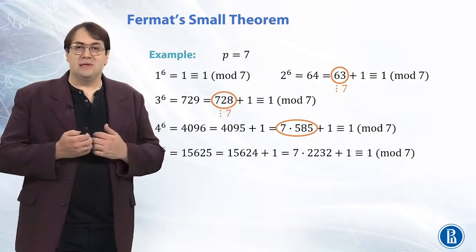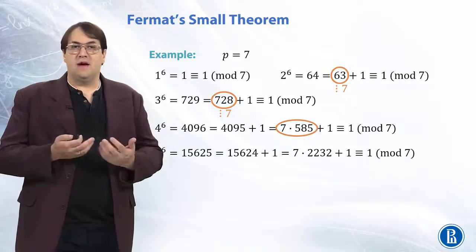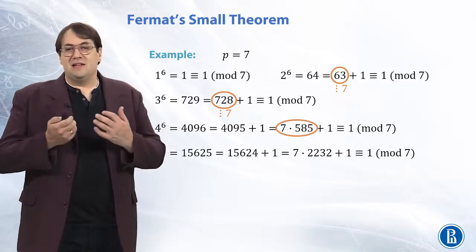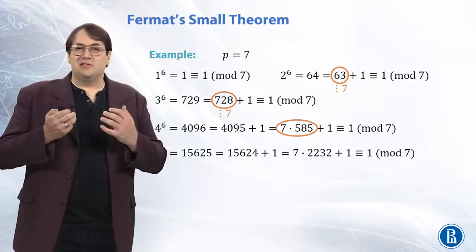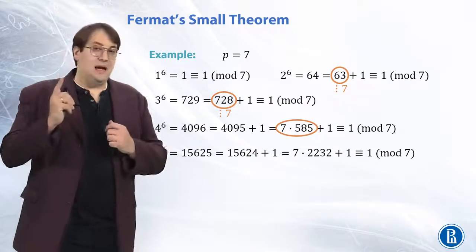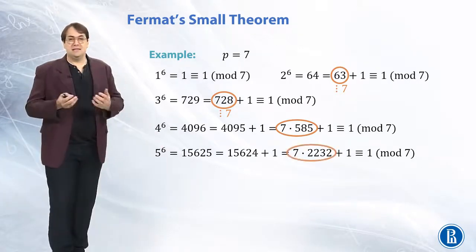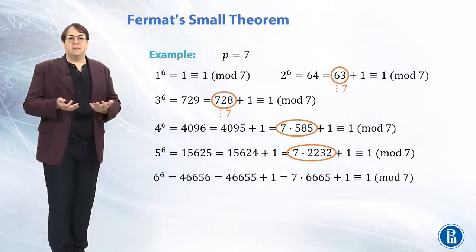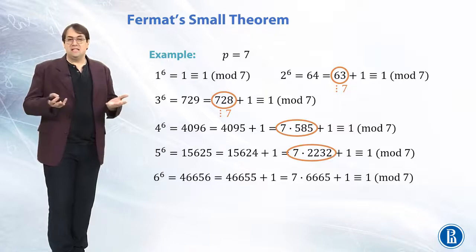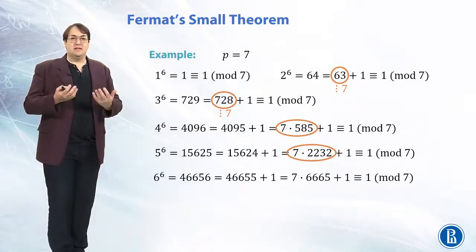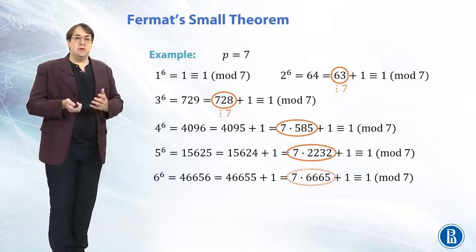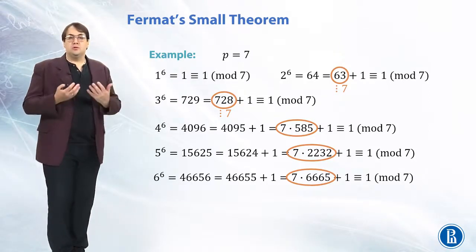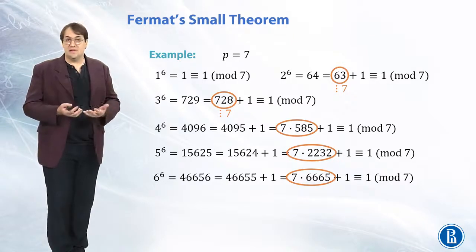The same we can say about 5. 5 to the power 6 is equal to 7 times 2232 plus 1, which means that it is also congruent to 1 modulo 7. And finally, 6 to the power of 6, we see that it is also something divisible by 7 plus 1, so it is also congruent to 1 modulo 7.